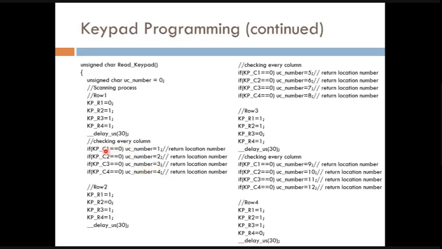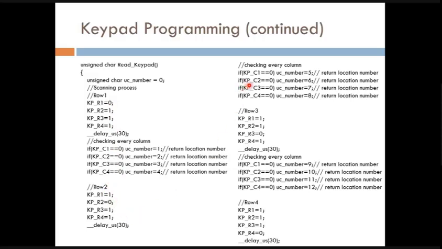Check first column 1, nothing happened. Go to column 2, nothing happened. Go to column 3, nothing happened. Go to column 4. If still nothing happened, you proceed to the next row. Previously row 1 was equal to 0. This time you set row 2 equal to 0, but row 1 you put 1.